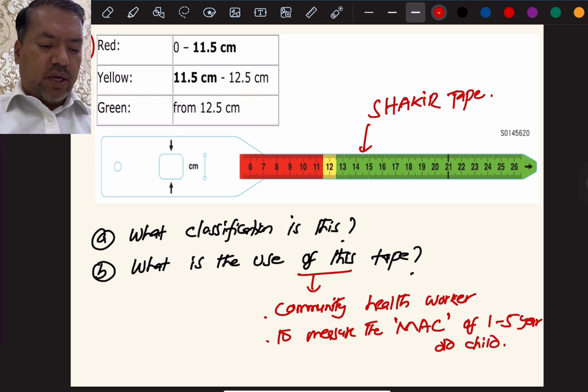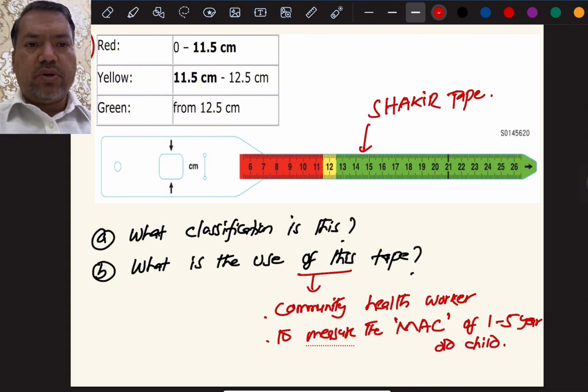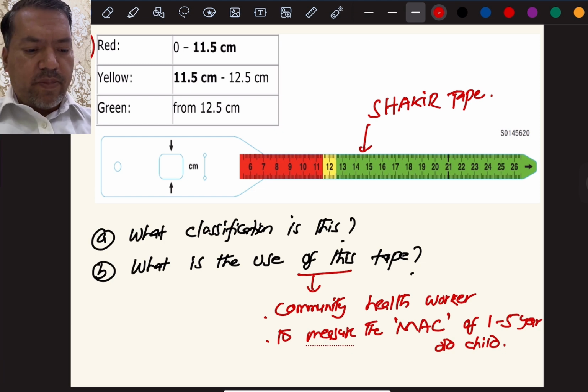And why is this mid-arm circumference taken for a 1 to 5 year old child? This is one type of anthropometric measurement which tells us how many of them are malnourished, how many of them are healthy. If you want to do that type of research at a community level, then the Shakir tape is very commonly used. Now remember, just look at this. There are 3 zones here.